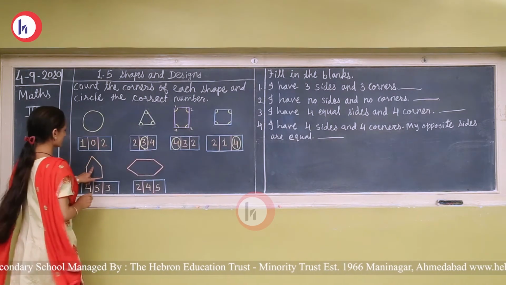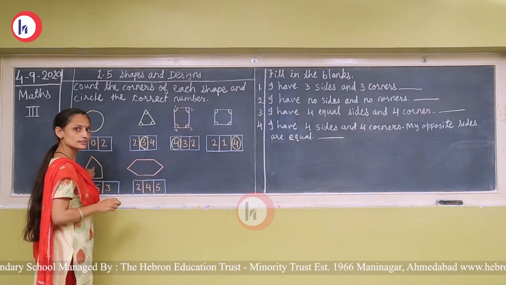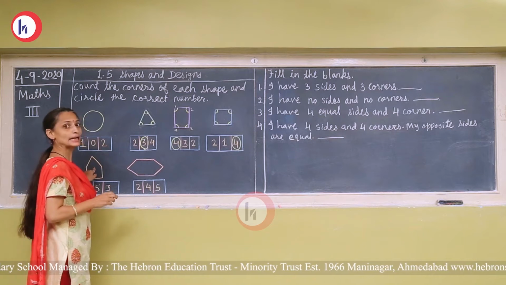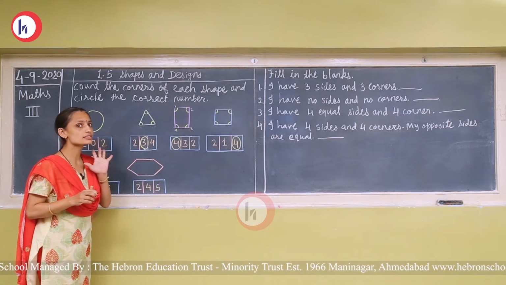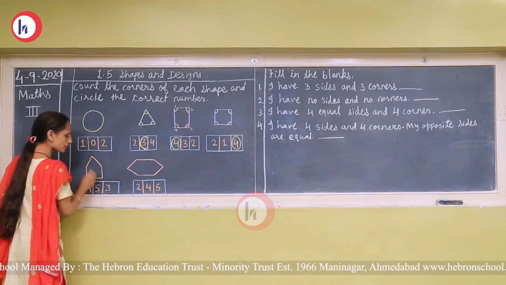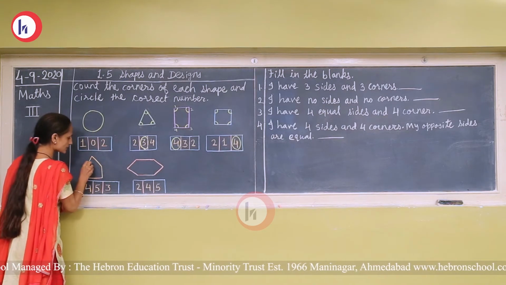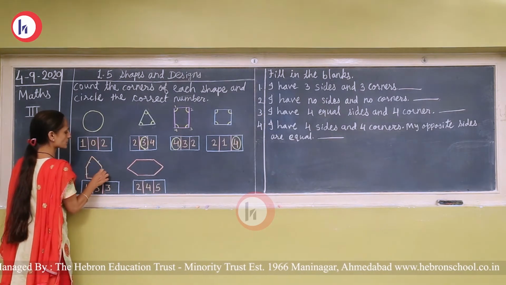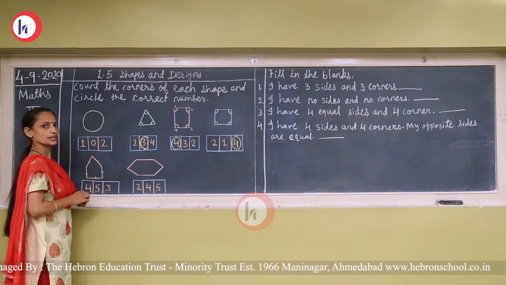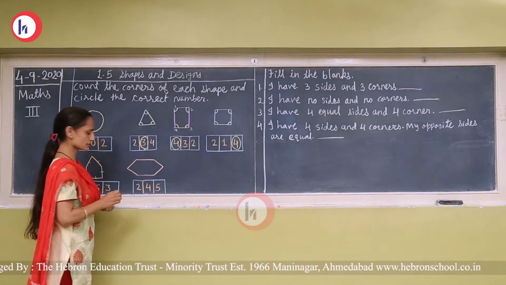Now next, which shape is this? See, this is called a pentagon because it has 5 sides. See, 5 sides means 1 side, 2 side, 3 side, 4 side, 5 sides. Now we will find out the corners.